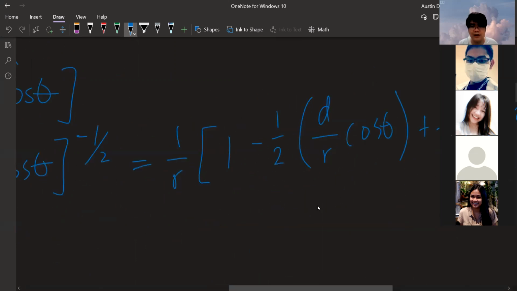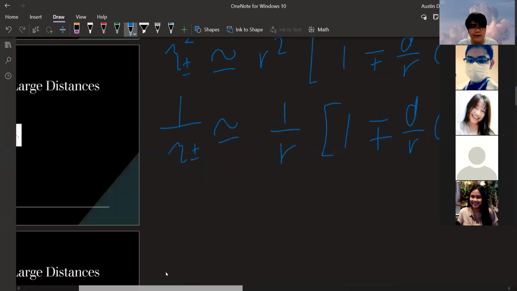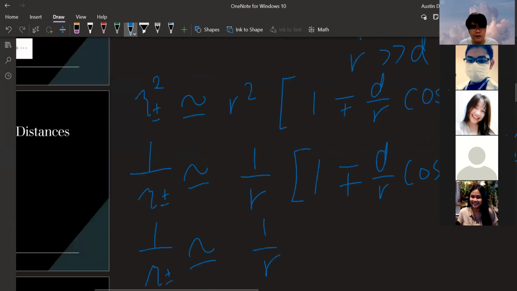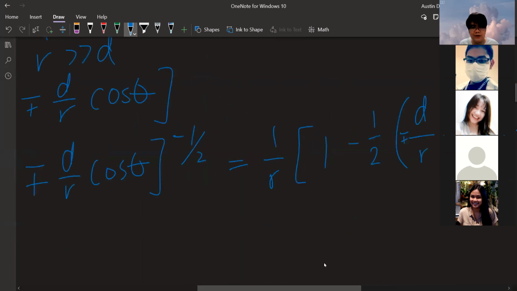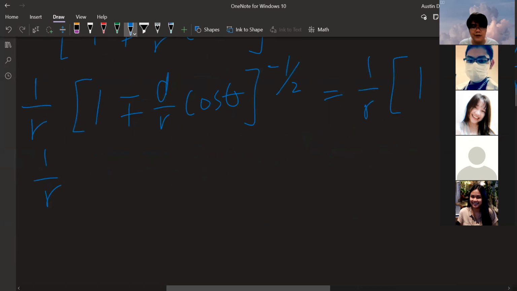And then nakalimutan ko yung mga minus plus, no? Minus plus, minus plus. Okay? So, ang mangyayari, I have 1 over R plus minus magiging 1 over R. The expansion of this, matitira lang yung first two terms, 1 over R, 1 minus 1/2.